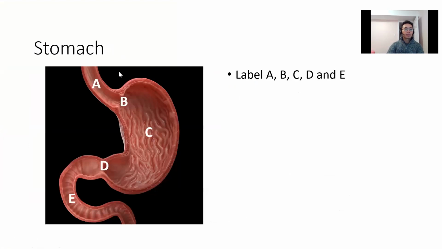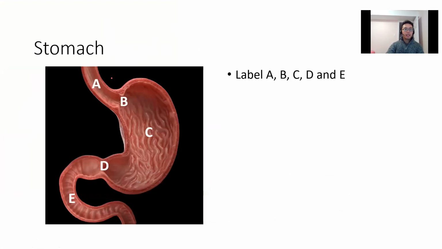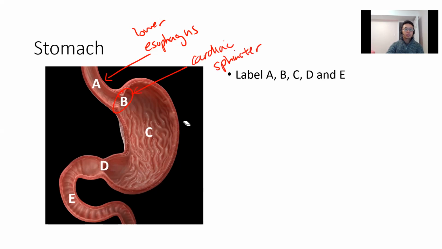Stomach. A is the esophagus, the lower part anyways. Lower esophagus. B, that's where you will find the cardiac sphincter. C is the main part of the stomach.